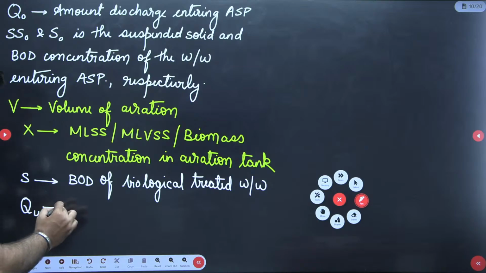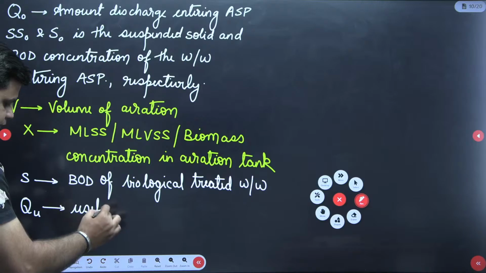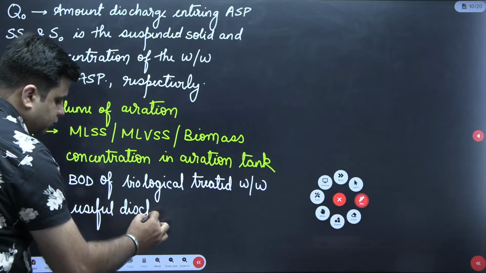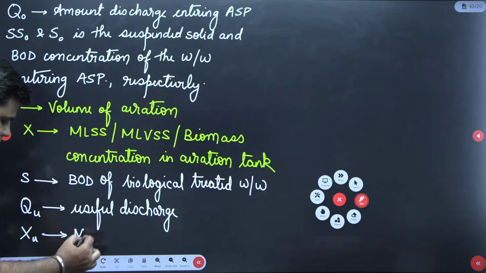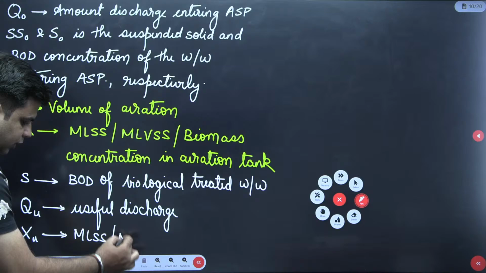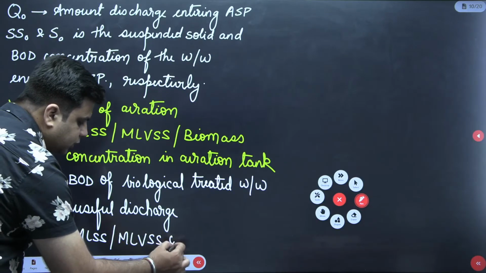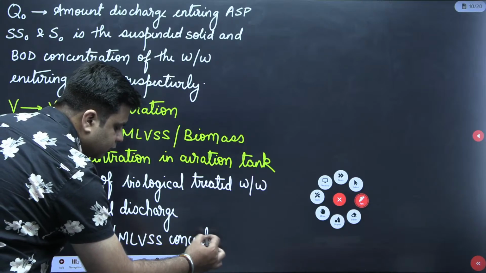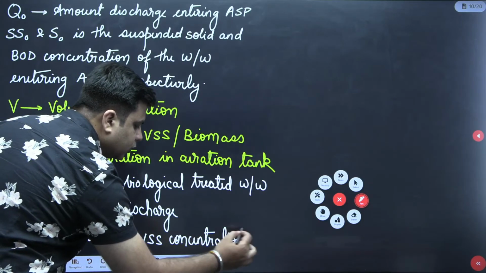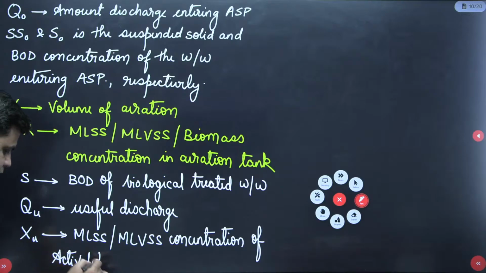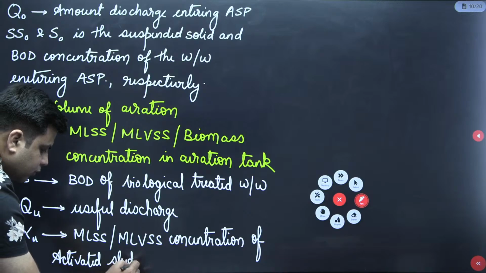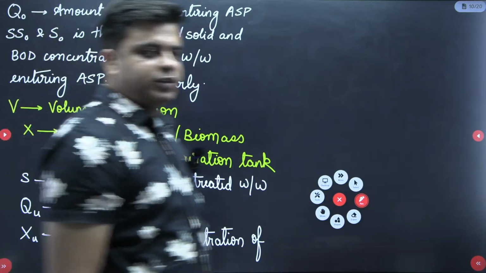Then you have QU, which is known as useful discharge. XU is the MLSS or MLVSS concentration of the activated sludge.